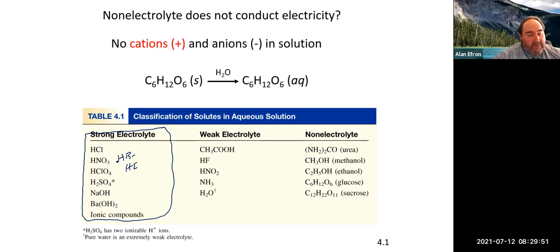You could assume that they'll 100% break apart. I'll put a little asterisk, like they have an asterisk here for sulfuric acid, because it's a diprotic acid, the second part of it is actually a weak acid, but we'll consider it a strong electrolyte.